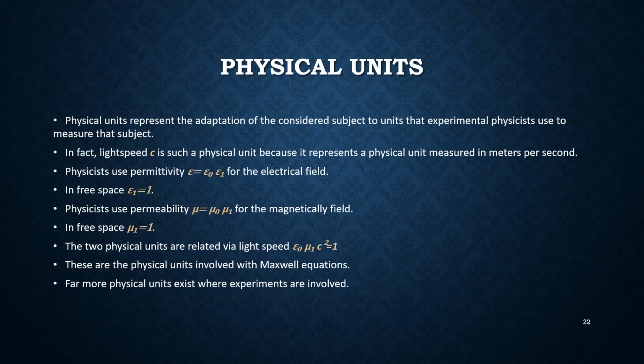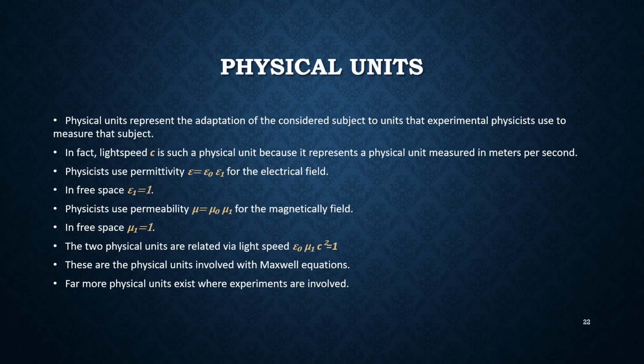Physical units represent the adaptation of the considered subject to units that experimental physicists use to measure that subject. In fact, light speed c is such a physical unit because it represents a physical unit measured in meters per second. Physicists use permittivity epsilon equals epsilon epsilon for the electrical field. In free space epsilon equals 1.